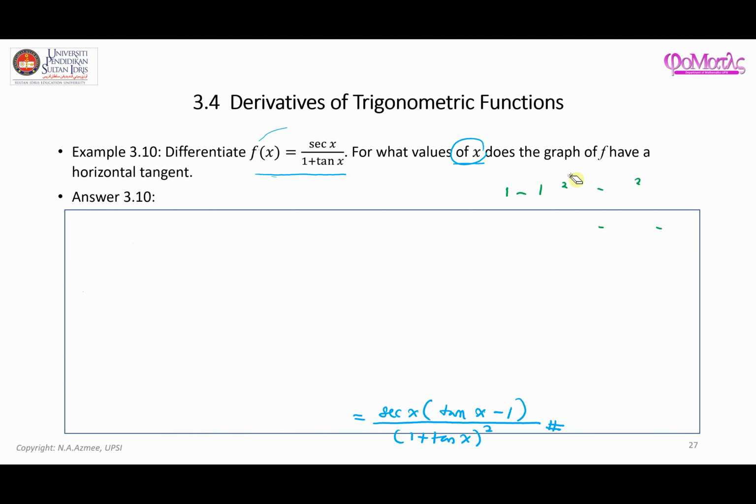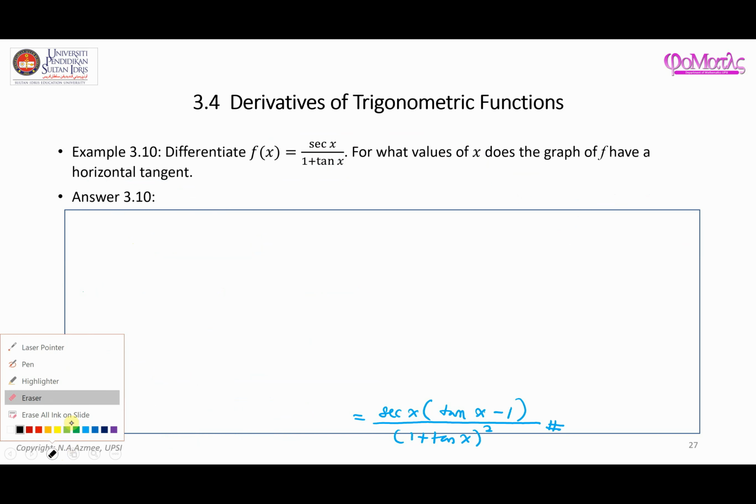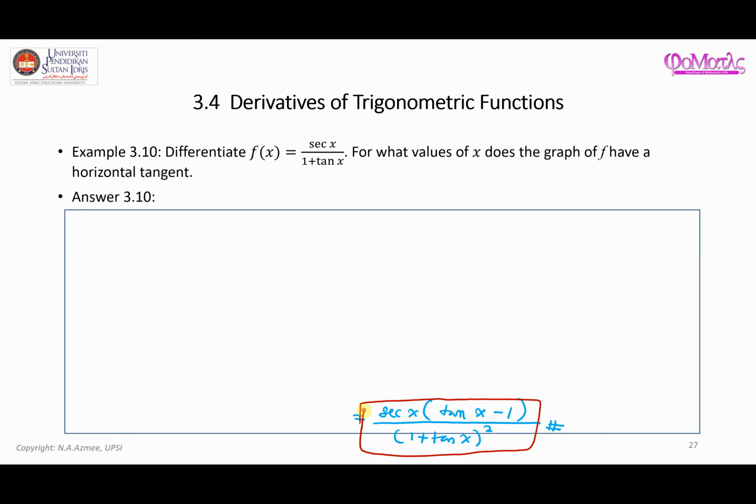Okay. Right. So what we have next is I'm going to set the result equal to 0, yeah? So here we have secant of x times (tangent of x minus 1) over 1 plus tangent x squared must be equal to 0 in order for us to have a horizontal tangent.